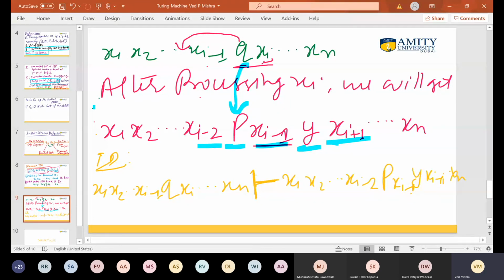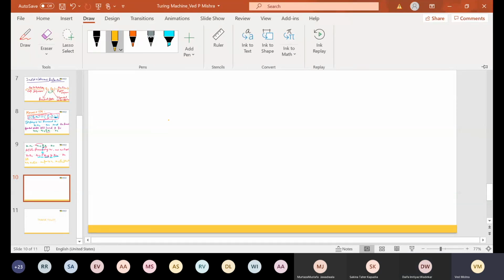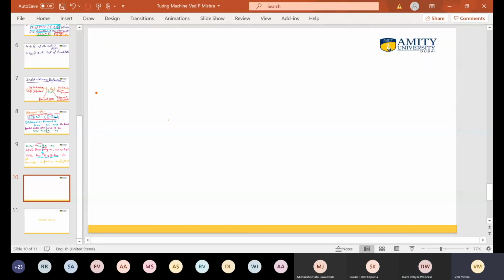Now we will see how to represent the Turing machine as a transition table.